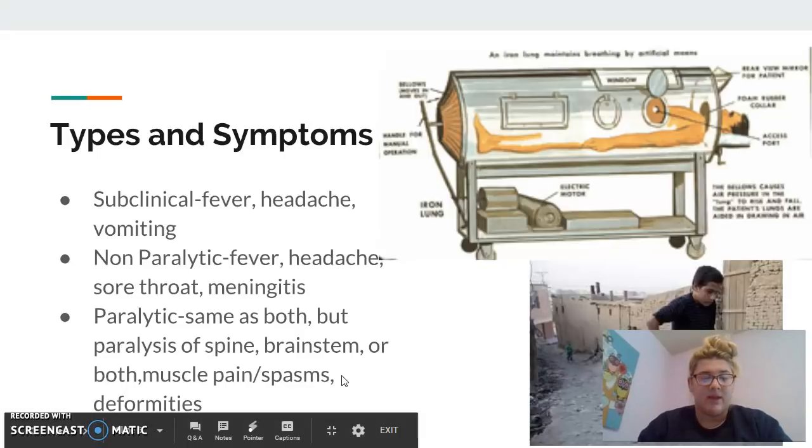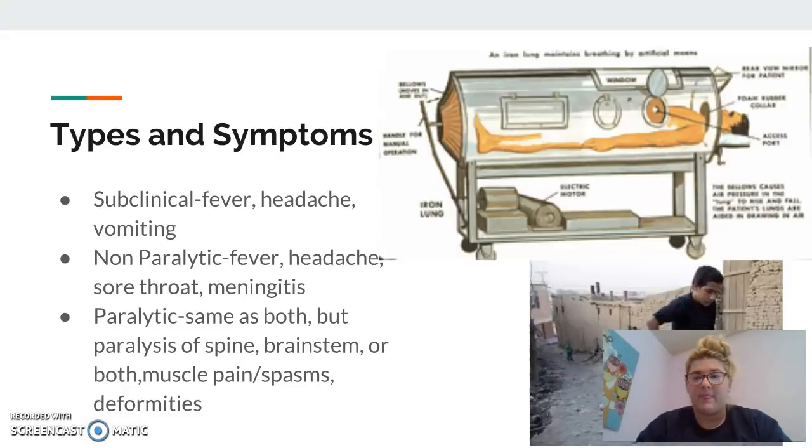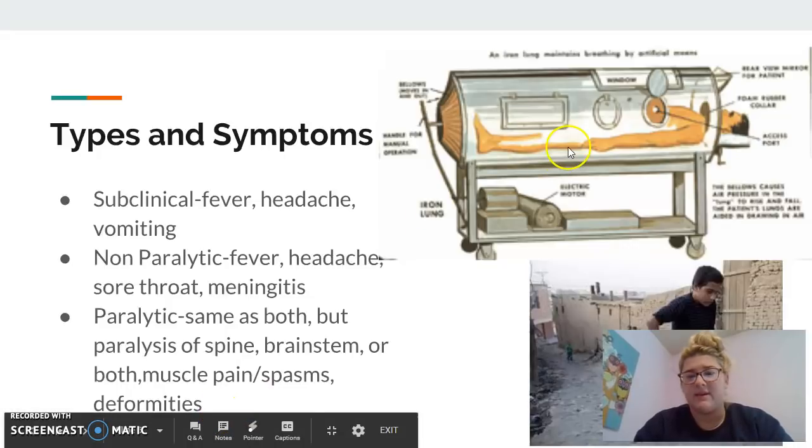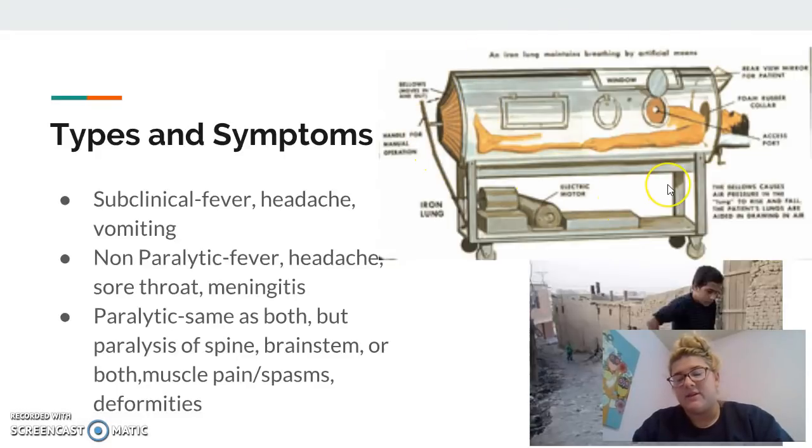And then the poliovirus also gets in and starts destroying those muscles in your chest that help you breathe. And as you can see up here at the top, they developed this big contraption, and it's called the iron lung, which basically they would put people in who had contracted polio and were no longer able to really breathe on their own.